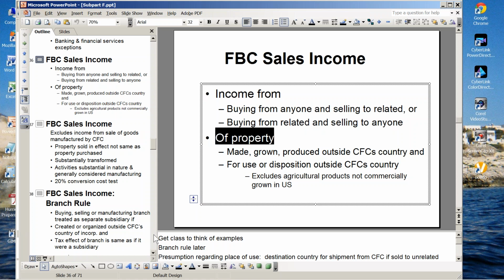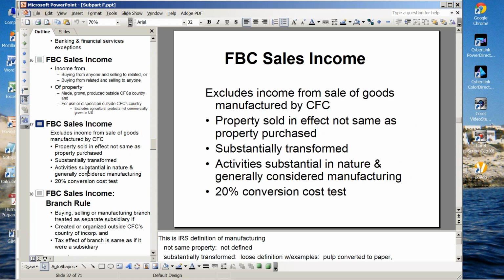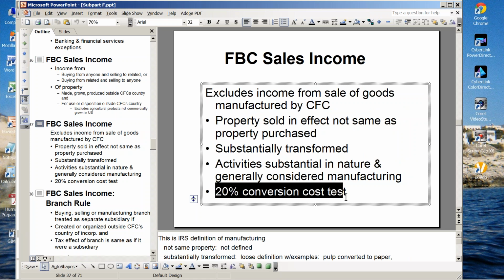Now, before we depart from this, I'd like to revisit one thing that I just noticed I missed on the examples of what's excluded. One of the tests is a 20% conversion cost test.